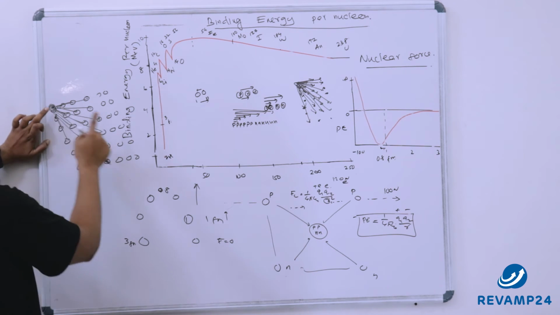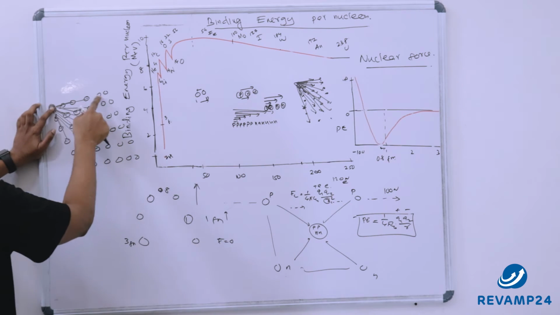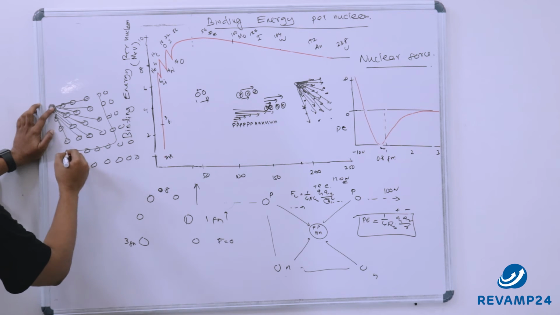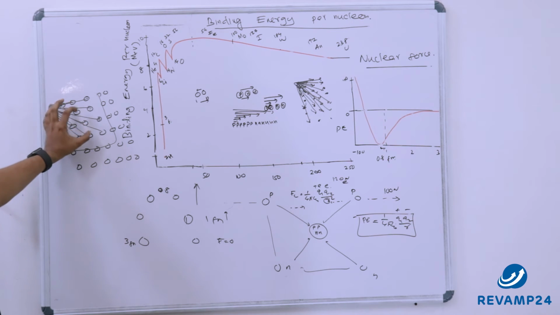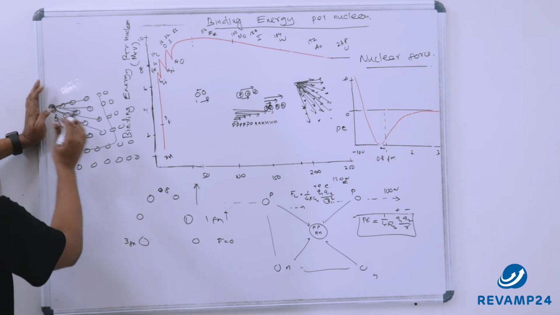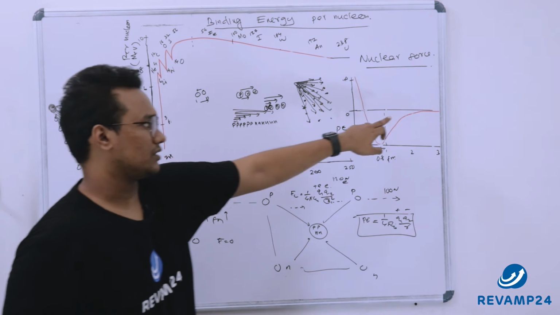This would be experiencing the highest force, but now we are increasing the distance between nucleons. So the force exerted by these nucleons would be less compared to these forces. We are not done. On increasing the distance, at some point the force will even become 0.